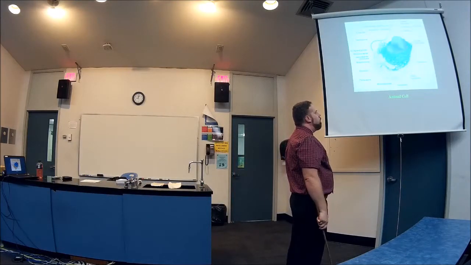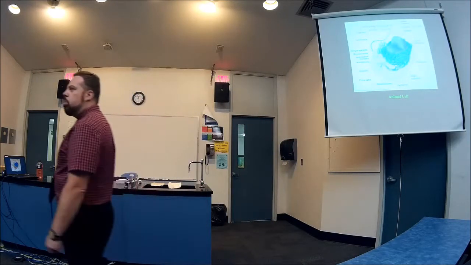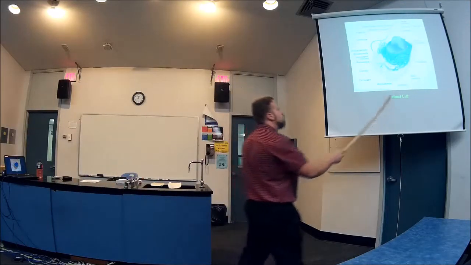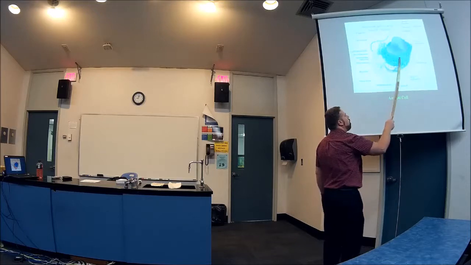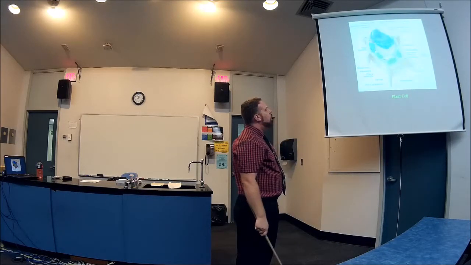So there's our typical run-of-the-mill kind of animal cell with the different parts that we'll be introducing you to. You can definitely see the big nucleus there, and it has that double membrane around it. And that's a plant cell.